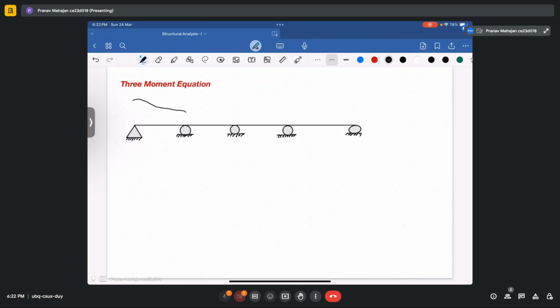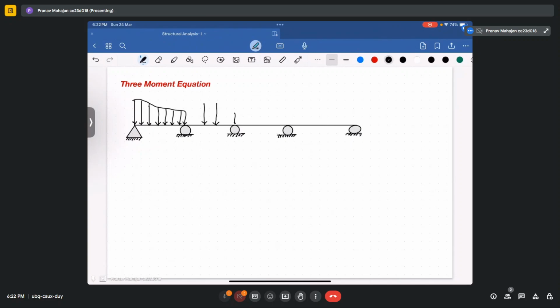Now apply the loadings that are there. So you have a uniformly varying load along the length of the structure. So this is the UVL. Then you have two concentrated loads over the span.